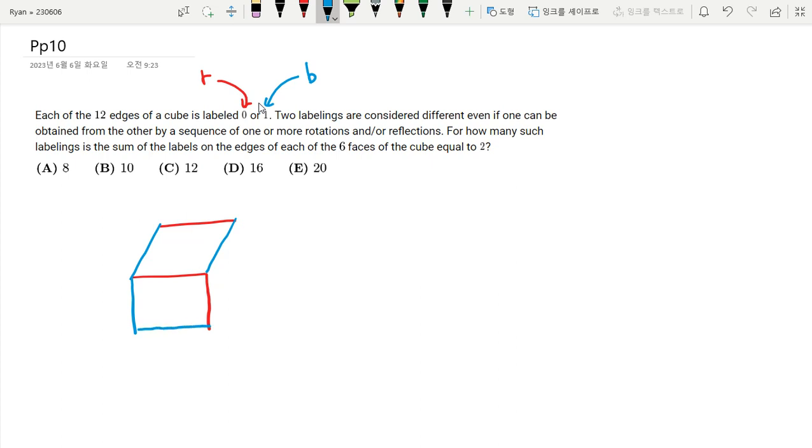And the left side already has two blue lines, so the rest should be two red lines like this. And then the back side already has two red lines, so it should have two blue lines. And finally, for the right side, it has two blue lines, so the rest should have one red line. So this is one example we want.